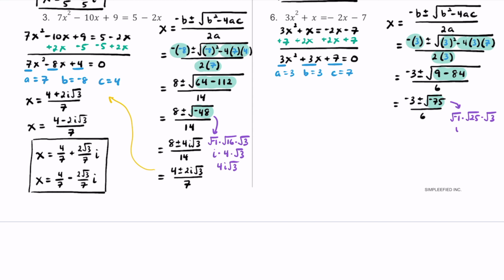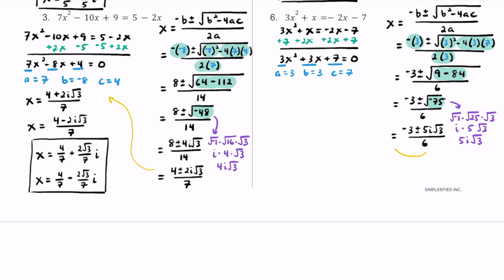The square root of -1 is i, the square root of 25 is 5, and we have root 3. So we can rearrange this to say we have 5i root 3. So we can write this as equal to -3 plus or minus 5i root 3 all over 6.